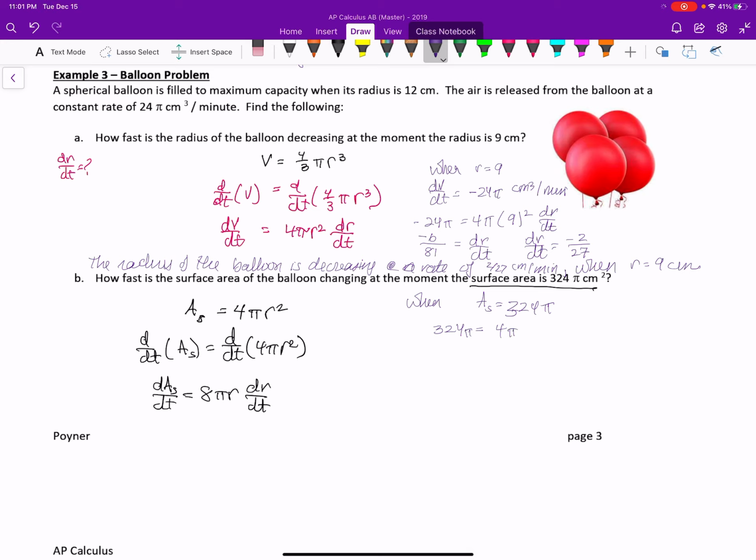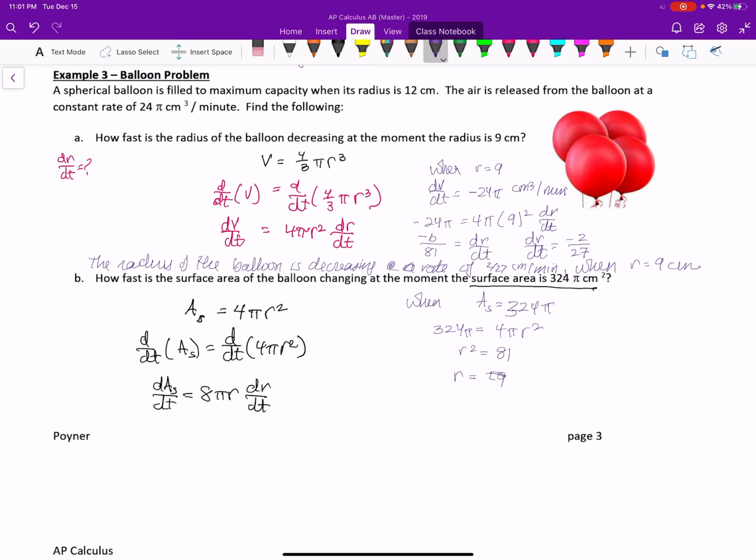4 pi r squared. So r squared is equal to 324 divided by 4, which is 81. So that happens when the radius is positive or negative 9, but the radius cannot be negative.